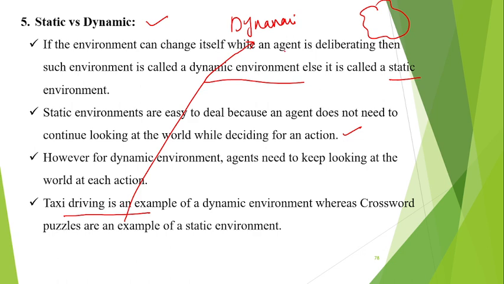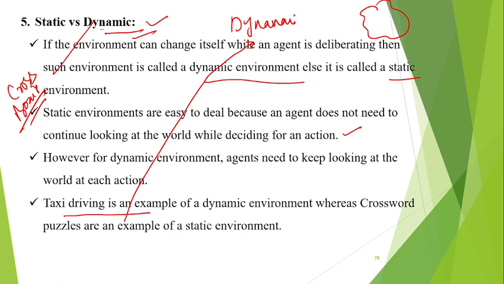Whereas in static, nothing is going to change. Like when you are playing a game such as a crossword board, where nothing is going to change. So in static, the situation and the environment will not change. For a crossword board, no environment is changed, nothing has been changed.